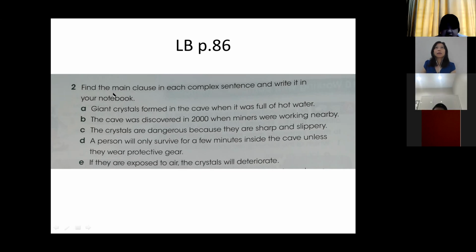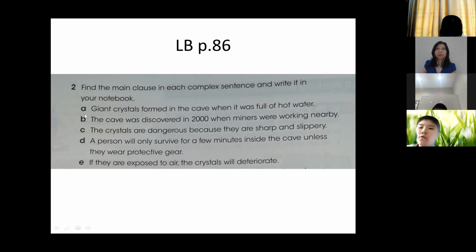I already understand, Miss. Okay, so what is the main clause? I heard Keith. Giant crystals form in the cave. Good job, children. So the main clause is this: Giant crystals form in the cave. That's the main clause. Please write it down. You have to write the main clause.